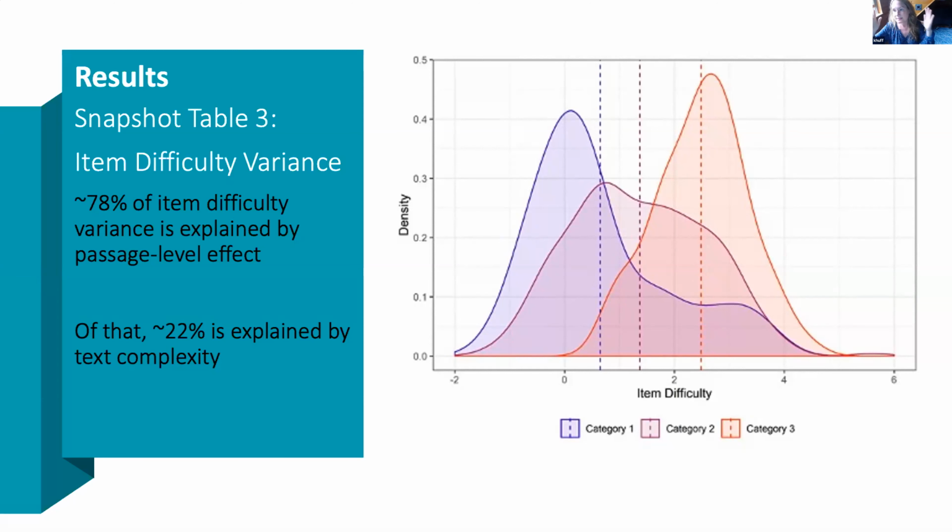But of that 78%, about 22% is explained by our text complexity rating. So I don't know if Steve Ferrara is in the audience. I know he loves this kind of research, but this is, it's not novel because we have a large research base that looks at the relationships between passages and items, but it is pretty impressive data.